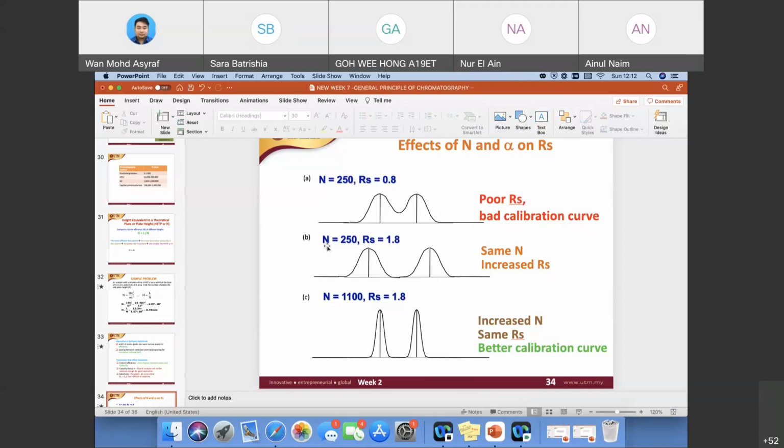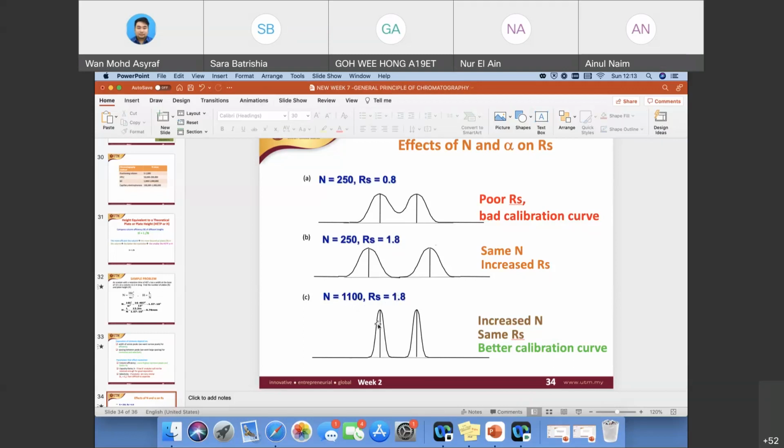Now, when we look at the same number of plates, but the resolution has been increased to 1.8, which is more than 1.5, it is a good resolution. But how about if we increase the plate height, at 1100 with the resolution 1.8?